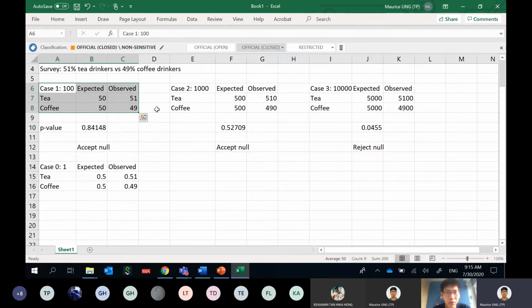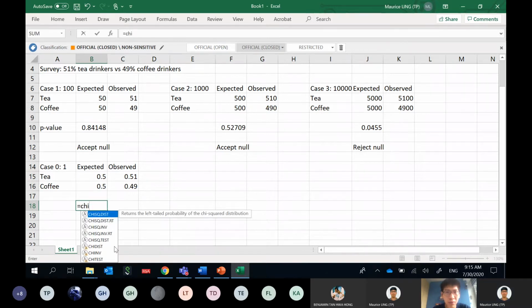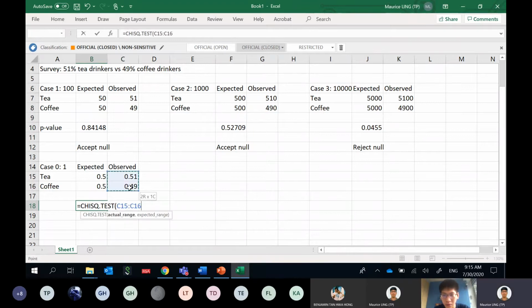Case 1 is percentage. Case 2 and case 3 are actual frequencies. Unless you only survey 100 people, then okay. Actual range. See, even these two numbers are different. So using proportion is even worse. Percentage is still okay, but never do it if you have more than 100, unless you're exactly 100.